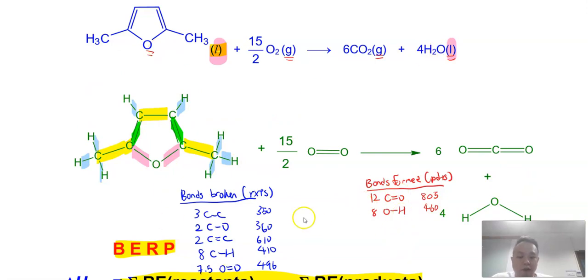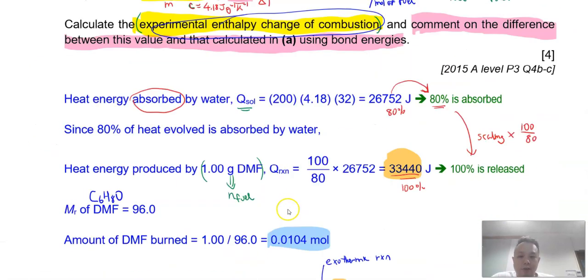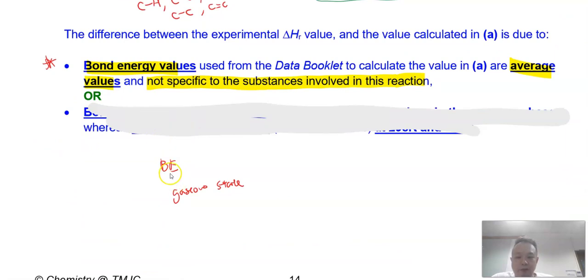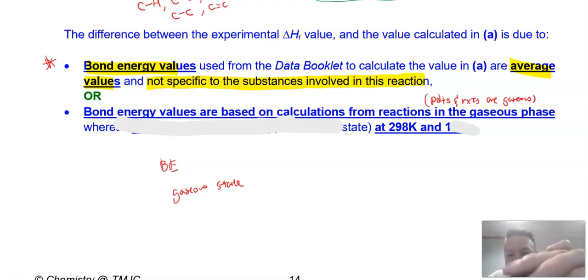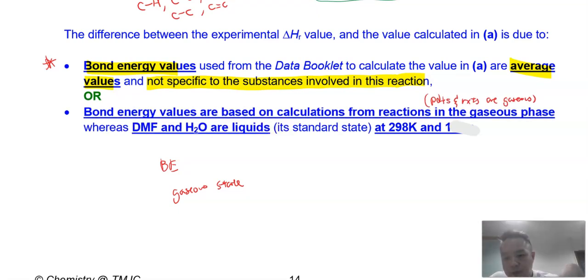So think about it. Is it a valid assumption to use the bond energy method then? The bond energy method assumes that everything is in a gaseous state. Bond energy values are based on calculations from reactions in the gaseous phase. That means your products and reactants are gaseous. But in this case, water and DMF are liquid at 298 Kelvin and 1 bar.